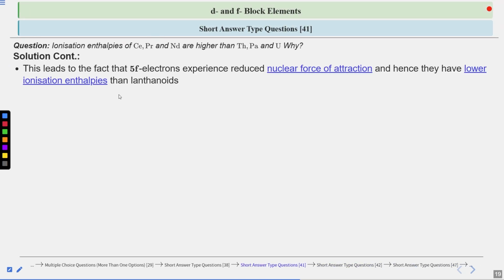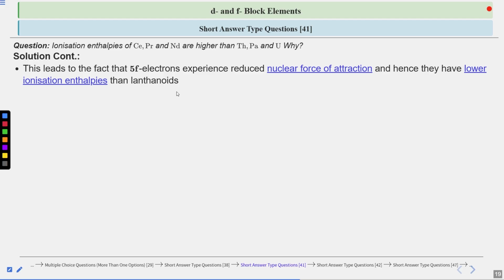Now, what is going to happen? This leads to the fact that 5f electrons experience a reduced nuclear force of attraction, and hence they have lower ionization enthalpy than the lanthanoids, because the 4f electrons are closer to the inner core, that means to the nucleus. They will experience more nuclear force of attraction than the 5f electrons.